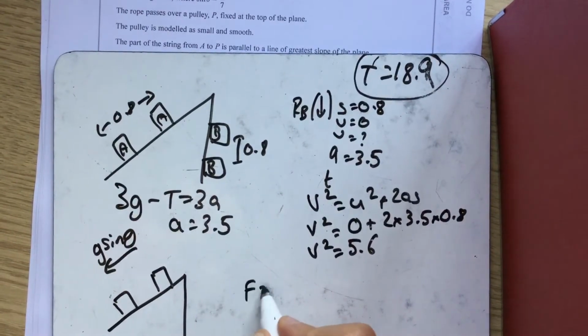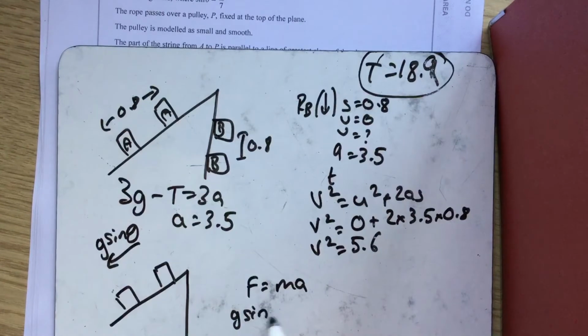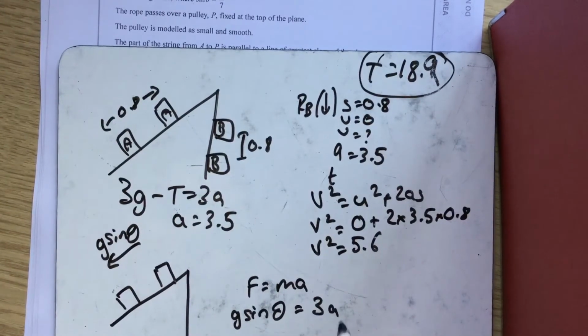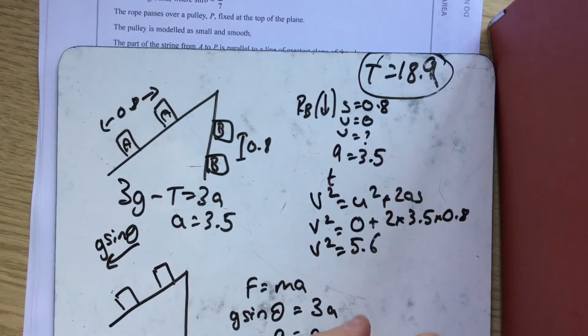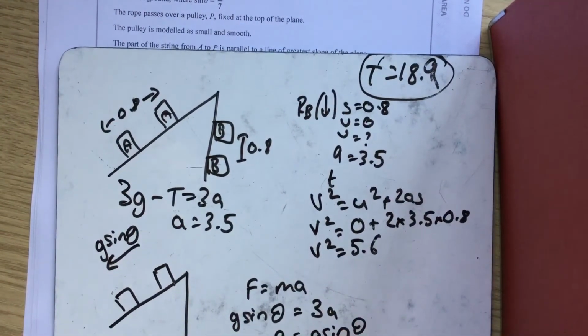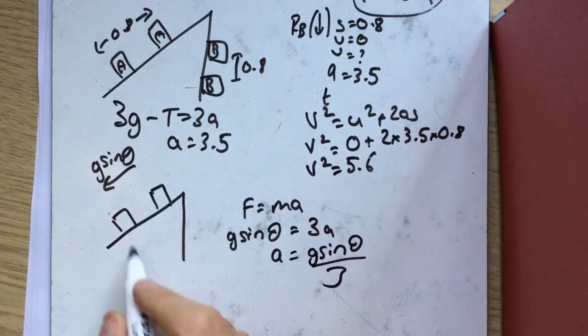If my force is g sine theta and my mass is 3, then I can rearrange to find my acceleration, and I'll end up with g sine theta over 3.